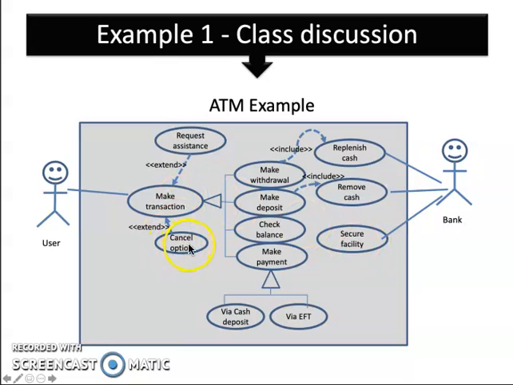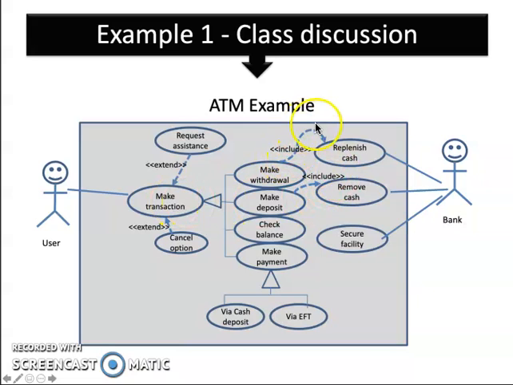Also, I can see that there's this optional functionality of cancelling a transaction. There's also the optional functionality of requesting assistance if I need to make this transaction. So that is an extend relationship pointing towards the main use case, with the arrow pointing this way. So that functionality can be extended to make transaction if I need it to be.